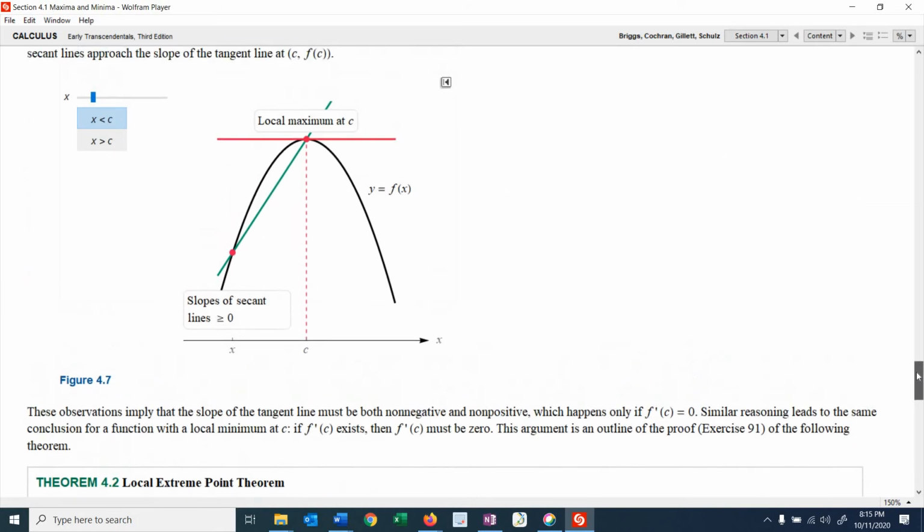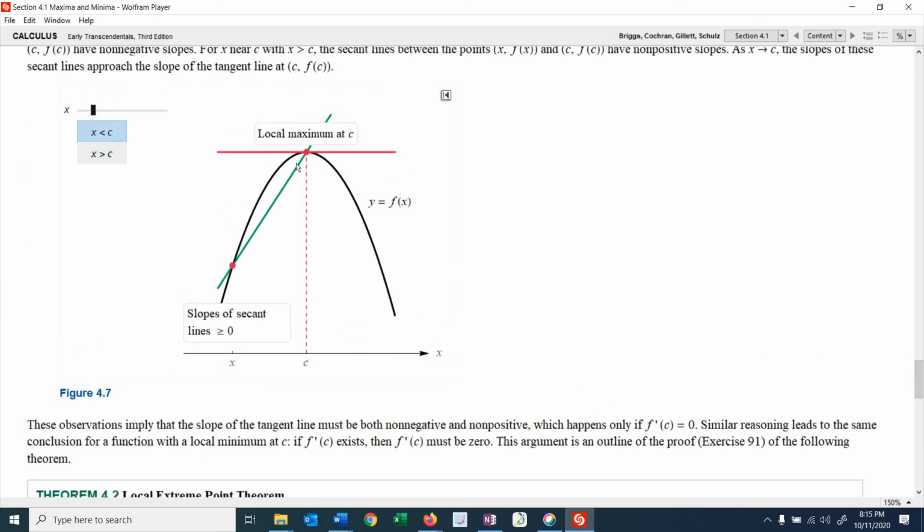Now, why is that important? Because if you look at the derivative at C here, the derivative at C would be the slope of the tangent line. So you can see the secant lines approaching this tangent line, and right at C, the tangent line is horizontal. And so, of course, the slope of that tangent line is 0, and that means the derivative at C is also 0.